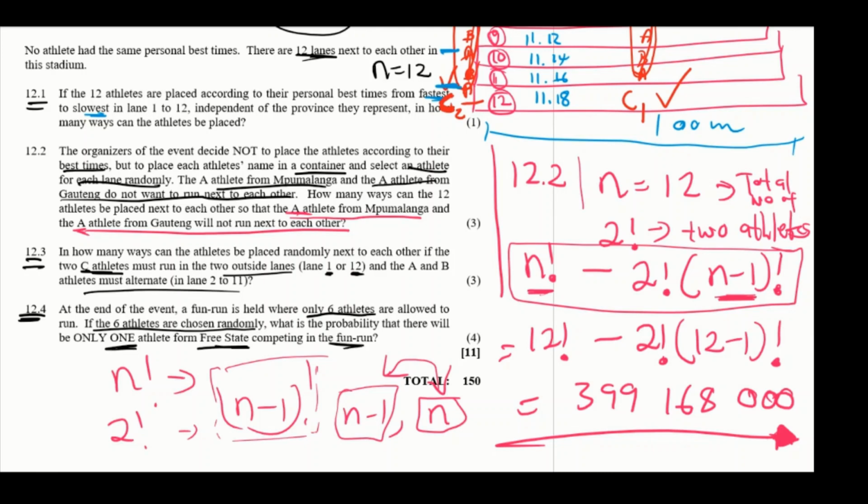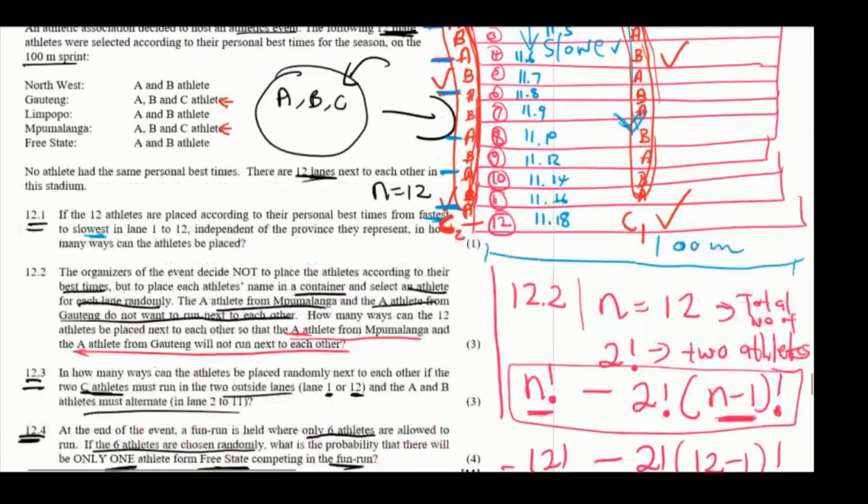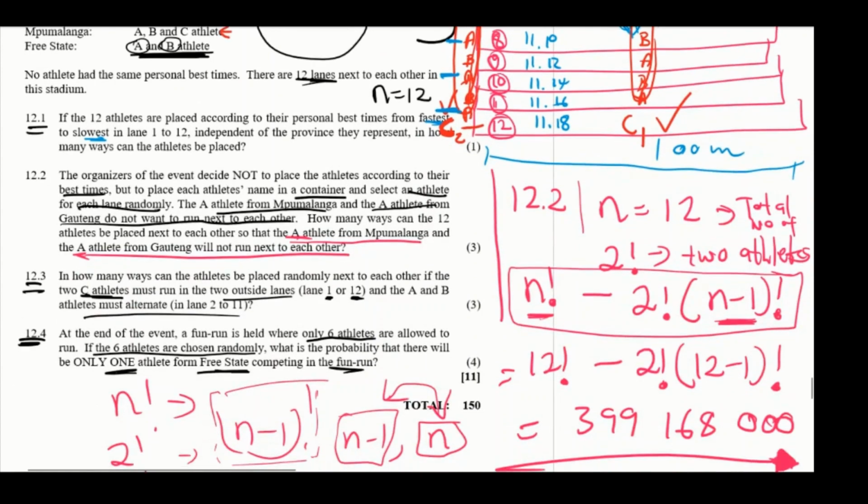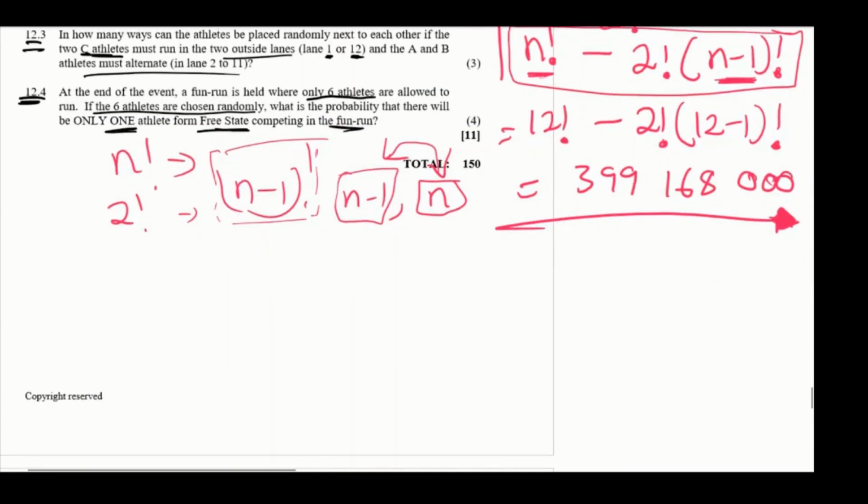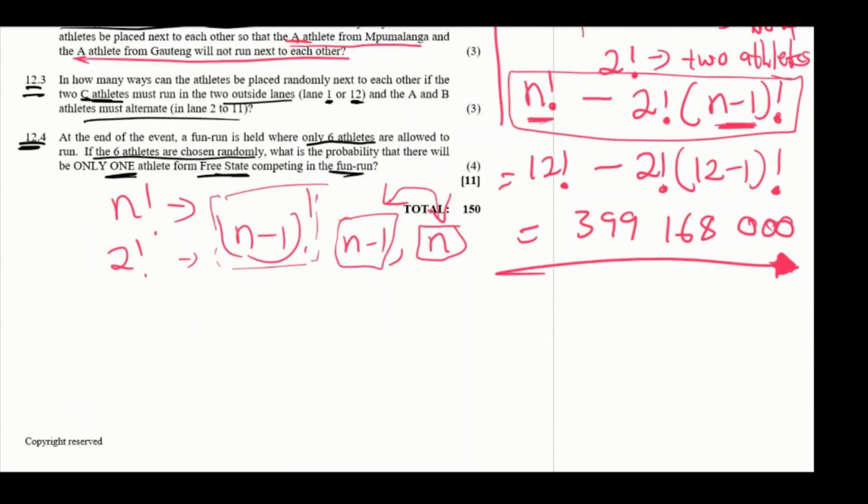the fun run? So remember that going to the number of athletes of Free State, there's only 2. So there's a possibility that it can be athlete A or athlete B, but not both. So only 1 athlete will be chosen from the Free State. So let's first find the probability of that.